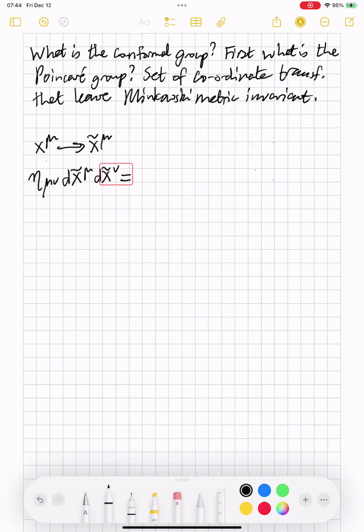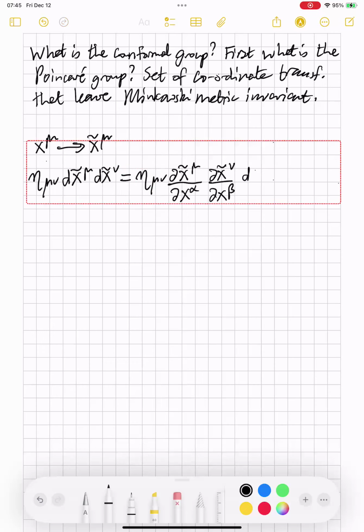Well, under this change of coordinates, this becomes eta_{mu nu} (dx tilde^mu/dx^alpha) (dx tilde^nu/dx^beta) dx^alpha dx^beta.